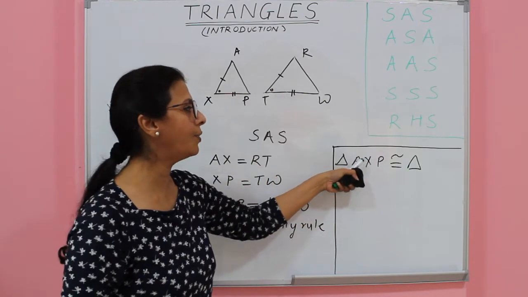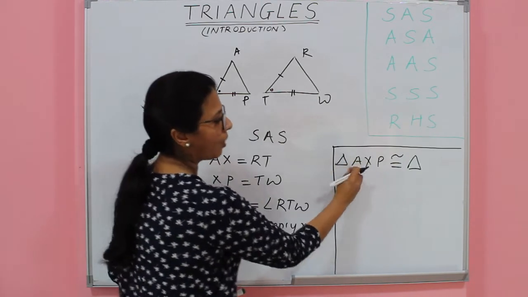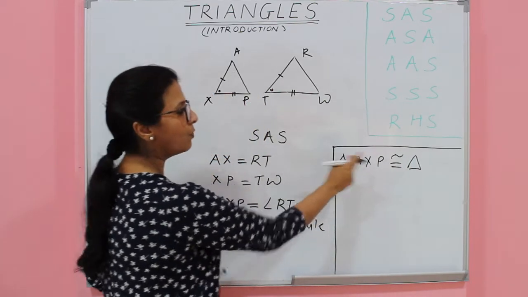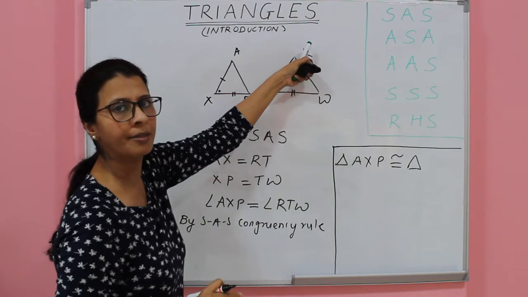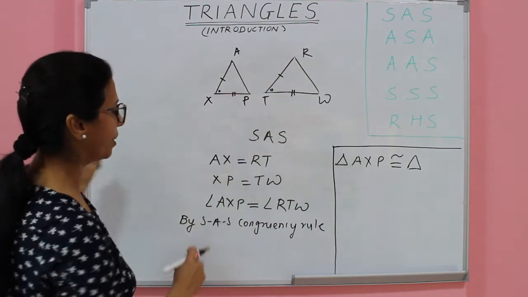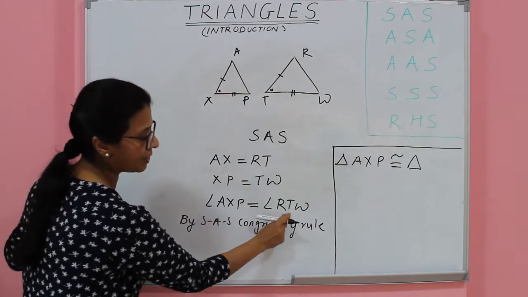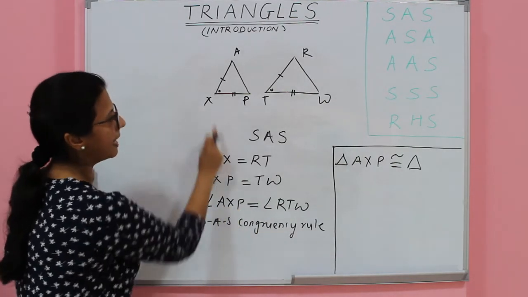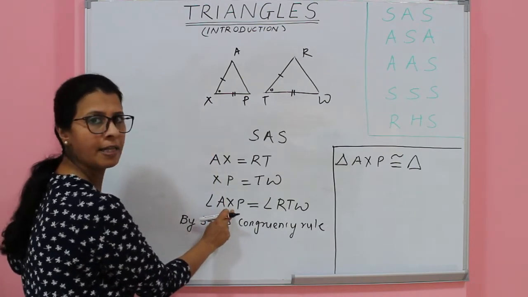So over here, how are you going to write it? The first triangle you can give any name, but accordingly you are going to match and write the second name. A has to match with what? Now A, if you see, has to match with R. How are you going to know over here? First thing what was given was your X is matching with T. AXP means the angle is at X. The center one is telling me where the angle is.